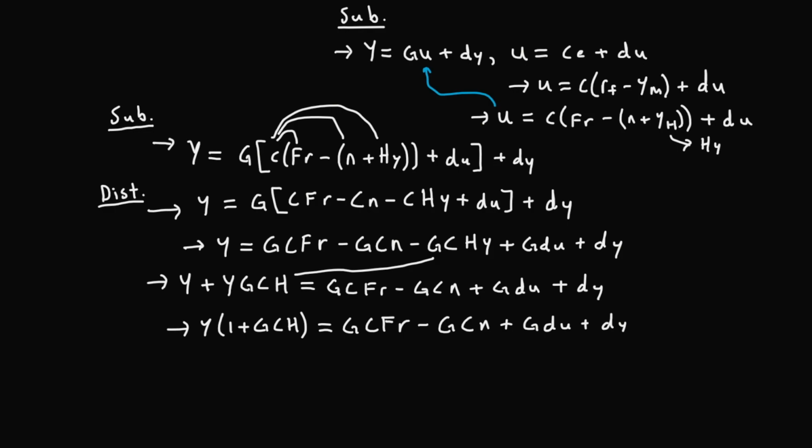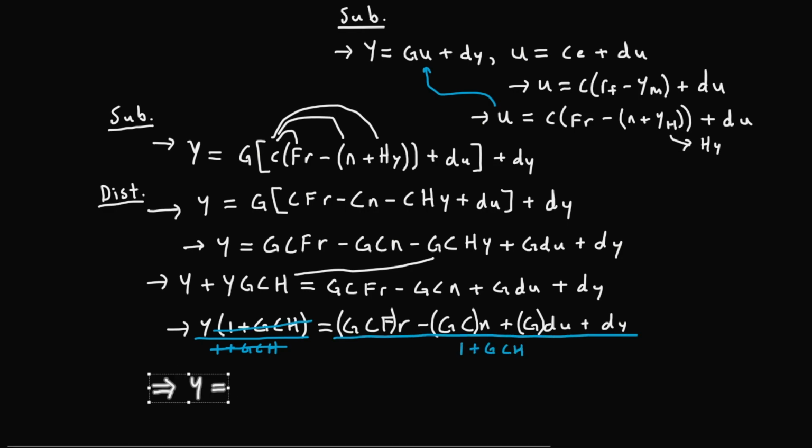So once we have that, I'm just going to go ahead and put parentheses around our block symbols, just like so. And now we can simply divide the 1 plus GCH from the left side onto the right side. So in this case, we will have y represented by the blocks as well as all the inputs of the system, which are r, n, du, and dy.